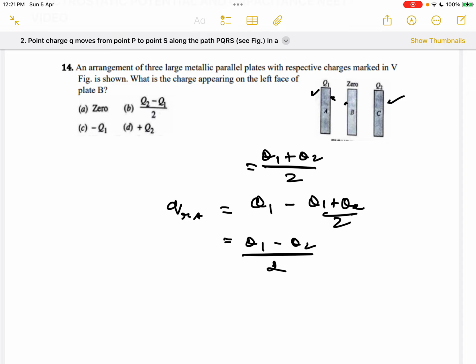So what would be the charge appearing on the other surface of B? Same amount of charge would get induced. So the charge appearing on the left of B would be equal to negative of this charge, which is Q2 minus Q1 divided by 2. Q2 minus Q1 divided by 2 is option B. Option B is the correct answer.